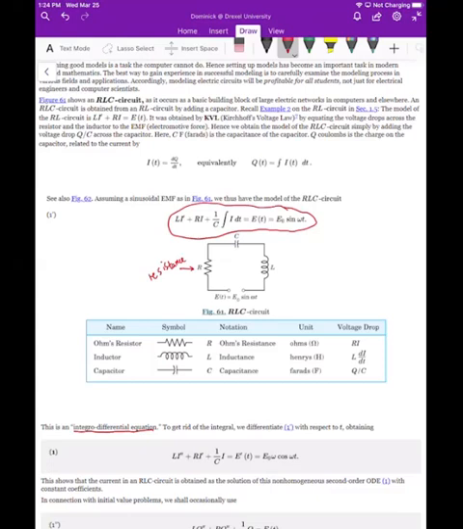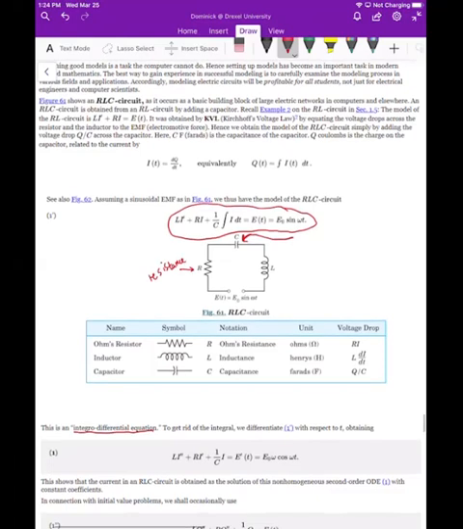Anytime you see almost the parallel symbol, but one of those lines is curved, that's the capacitance. And the squiggly lines there are indicating inductance. Right, so this is what a typical RLC circuit might look like.